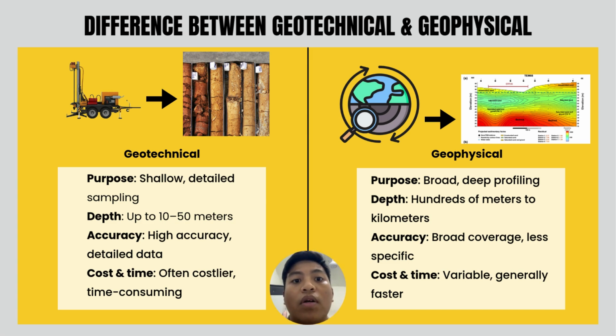In terms of cost and time, geotechnical techniques, especially those involving drilling and physical sampling, can be more expensive and time-consuming. Geophysical methods vary in cost depending on the technique, but are less labor-intensive, as they don't require as much physical disturbance to the ground.